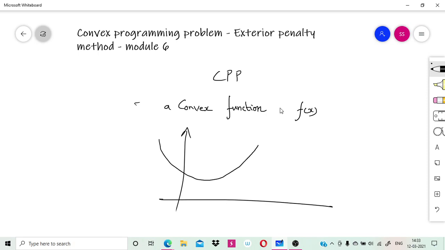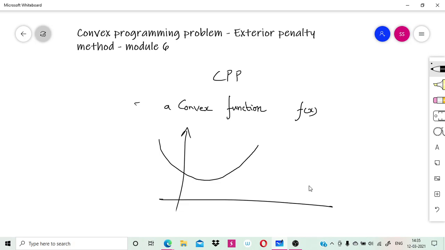The convex function has a shape like this. We will have a number of examples for this convex function also.